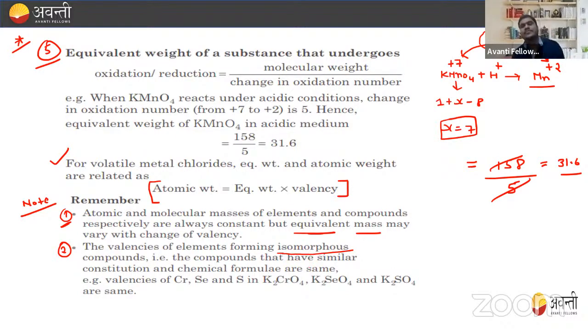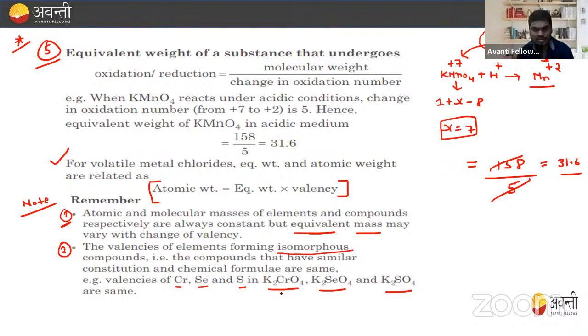Isomorphous compounds are compounds that have similar constituents and the same chemical formula. For example, the valency of chromium, selenium, and sulfur in K2CrO4, K2SeO4, and K2SO4 is the same, so they are called isomorphous. So the valency of the element forming isomorphous compounds is the same. This is also very important.